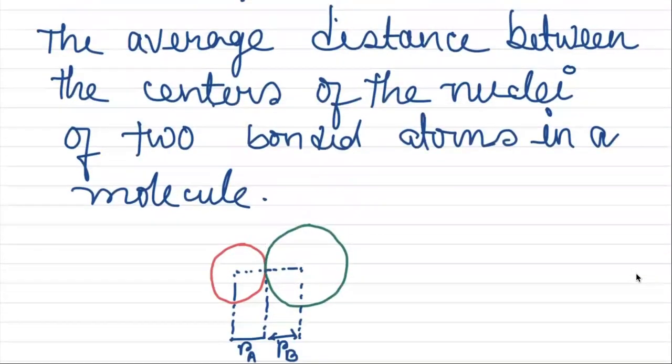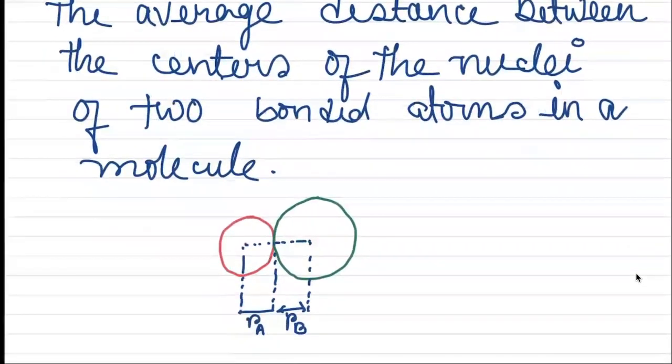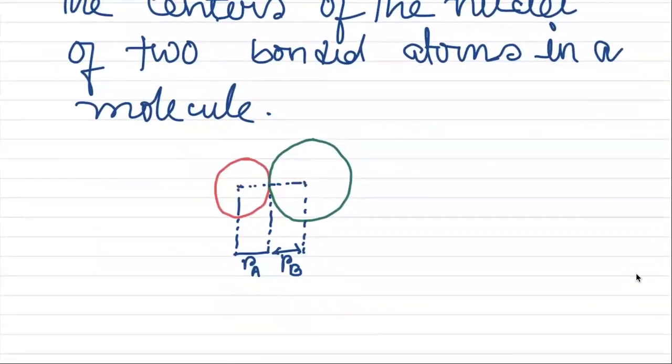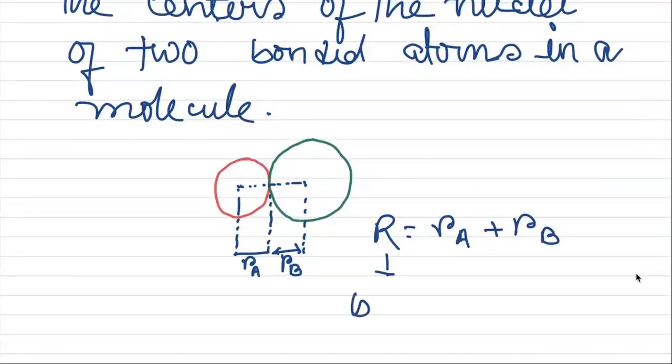So the bond length, capital R, will be RA plus RB. This R is the bond length.